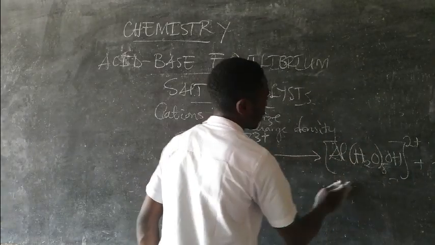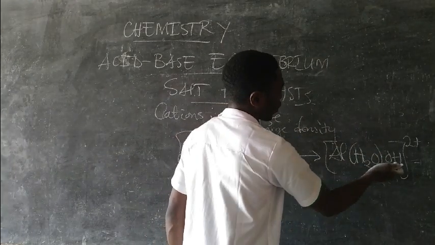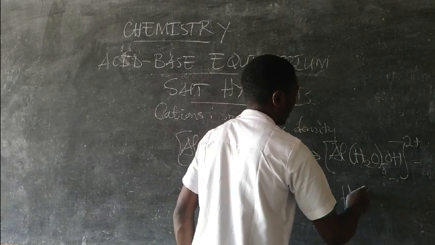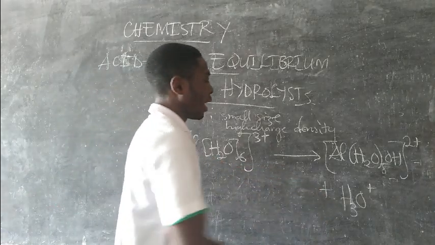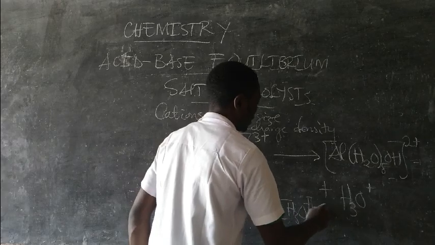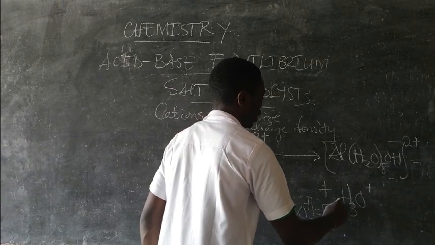So you have this aluminium complex, and you have seen how you break it down to H3O plus. As I said, the concentration of H3O plus, the oxonium ion in solution, is the same as that of H plus.